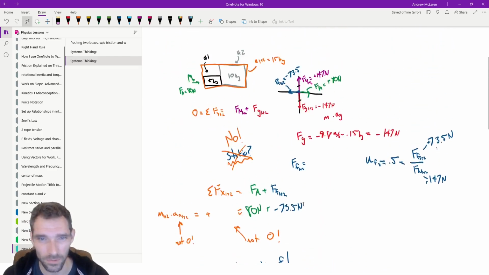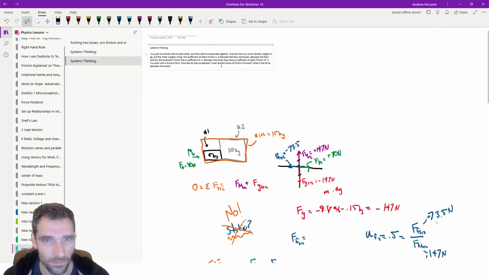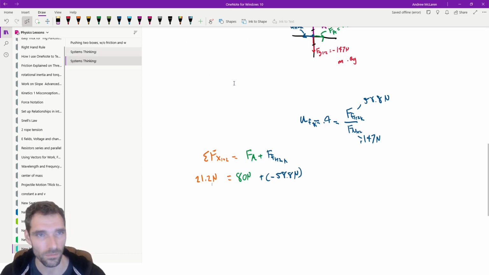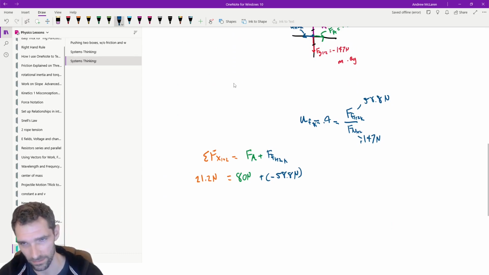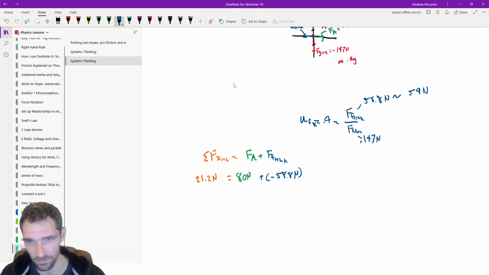I do believe we were supposed to report out the force of friction. So if we wanted to do the technical sig fig rules, this should be reported out as 59 newtons. I'm going to say that this is accurate to multiple sig figs. I just wrote it as one.